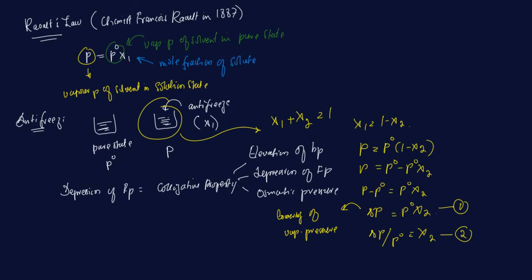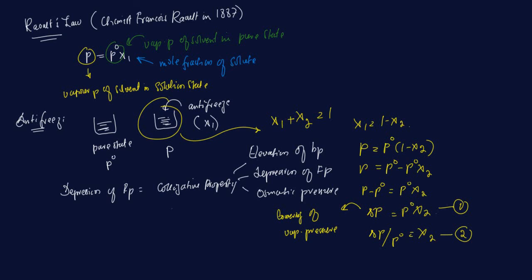The lowering of vapor pressure is equal to the vapor pressure of the solvent in pure state multiplied by the mole fraction of the solute. If we increase the quantity of solute, the lowering of vapor pressure will be greater.